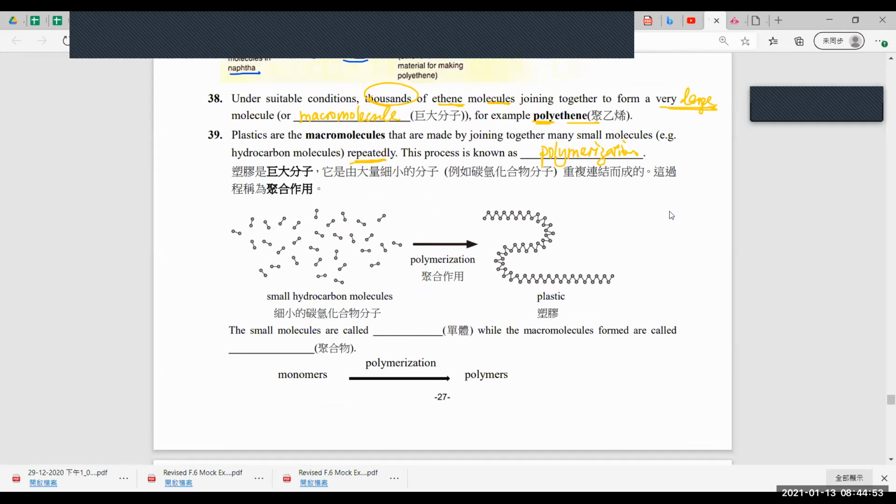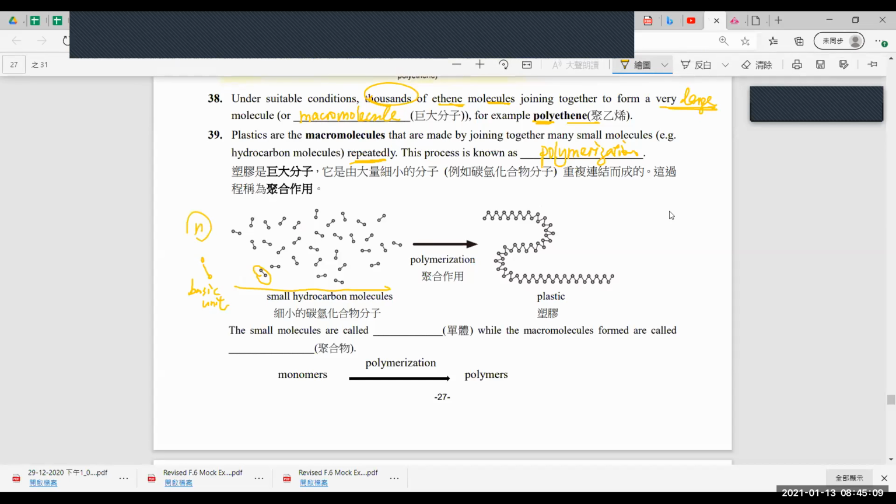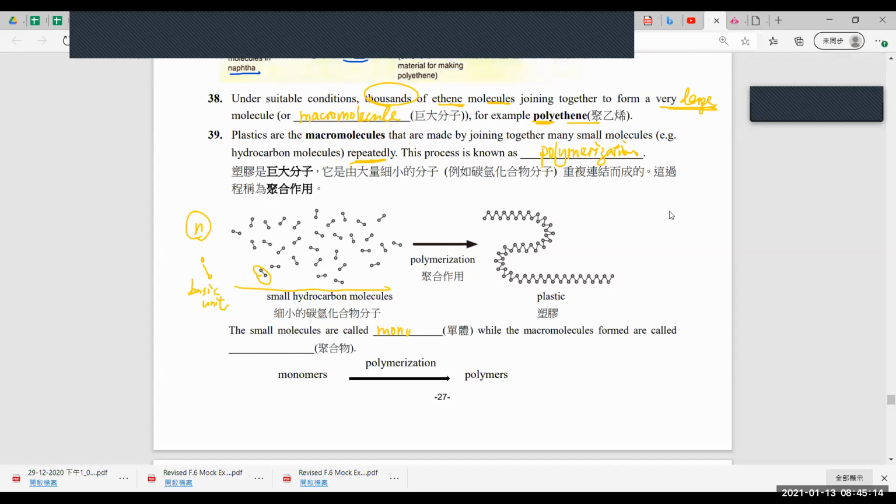Polymerization. Now somebody may find it difficult to understand those terms, so I would like to give you some definitions. For example, in this one, you may see that we have got so many basic units. This is the basic unit, and n means so many basic units. The basic unit, we call that a monomer, 單體.